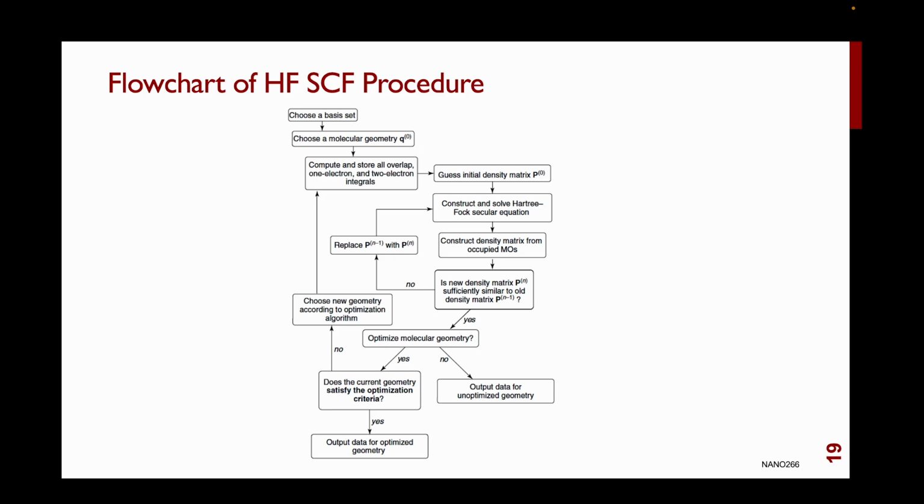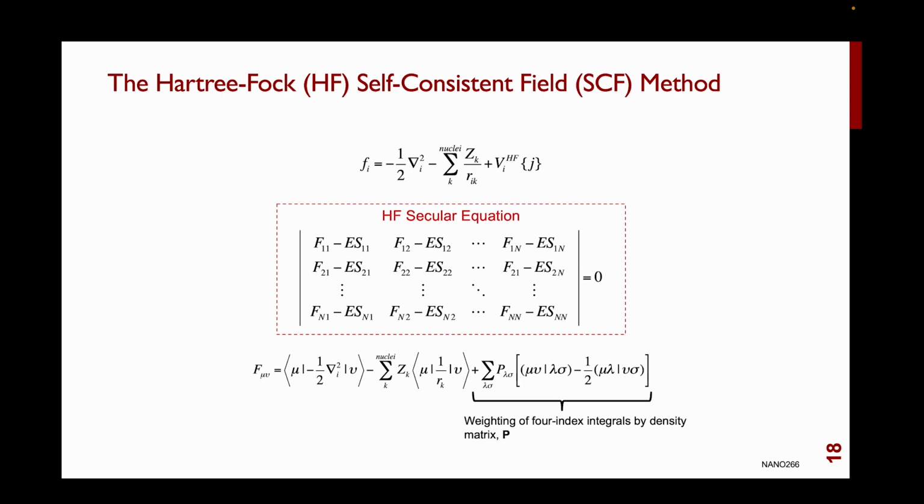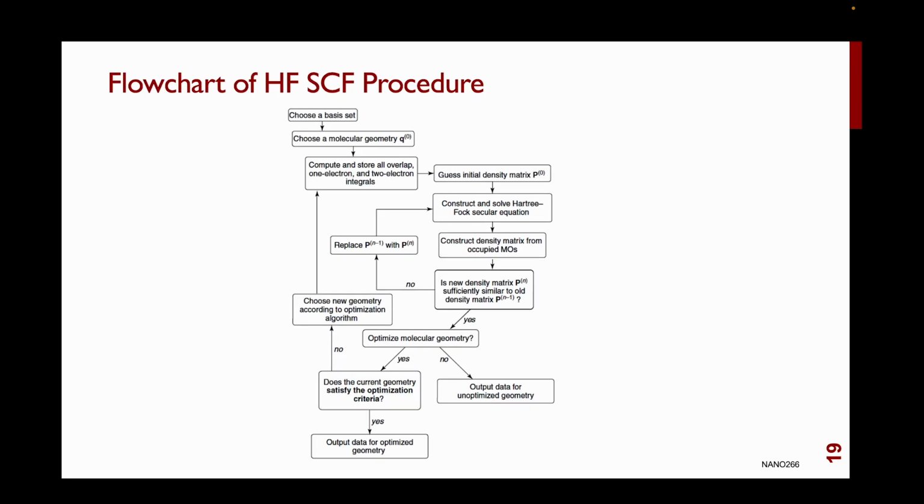You construct and solve the Hartree Fock equation that you see right here. You then reconstruct your density matrix from your occupied molecular orbitals. And then you ask yourself, is my density matrix significantly different from the density matrix that I obtained in my previous iteration?